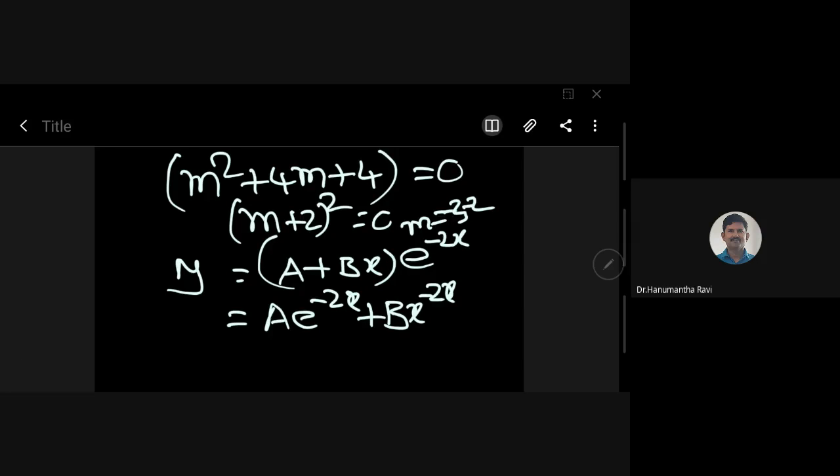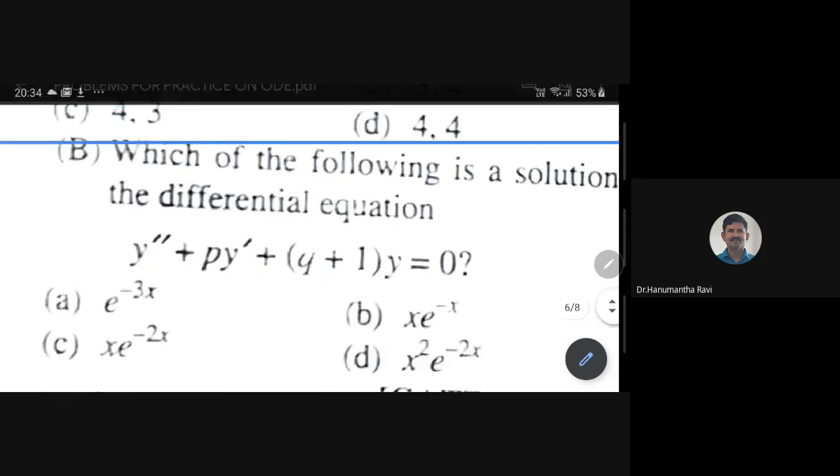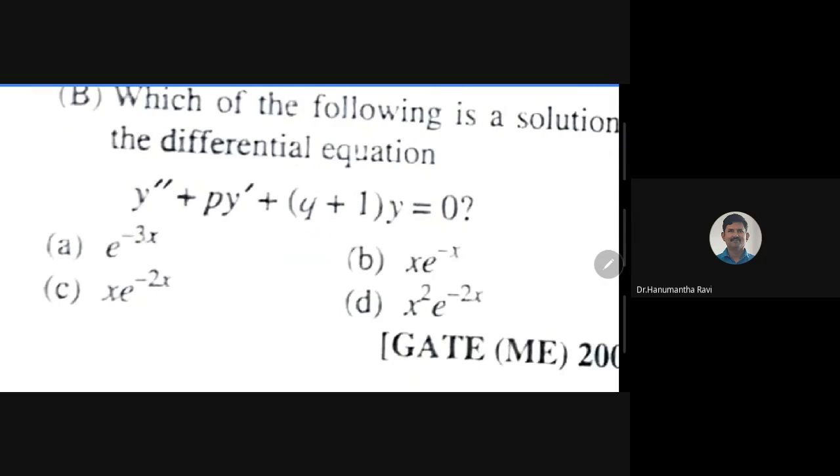So what do we have here? x e power minus 2x is the answer. C is the answer because what are the possible solutions here?